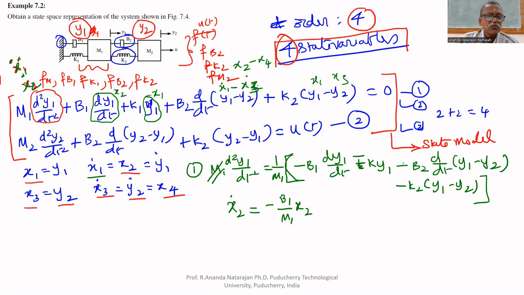Minus K1 by M1 times x1, since y1 is x1. Minus B2 by M1 times x2 minus x4, since the derivative of y1 is x2 and the derivative of y2 is x4.